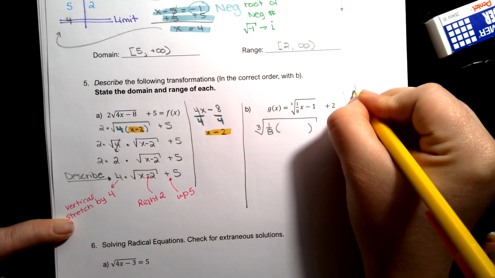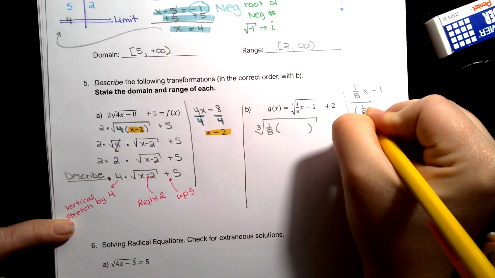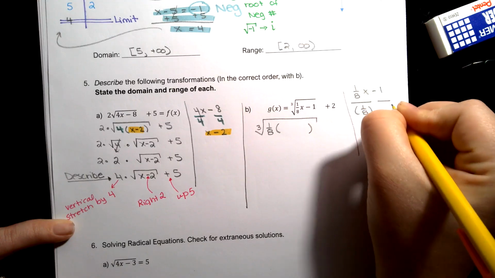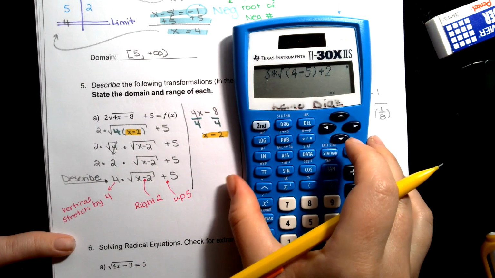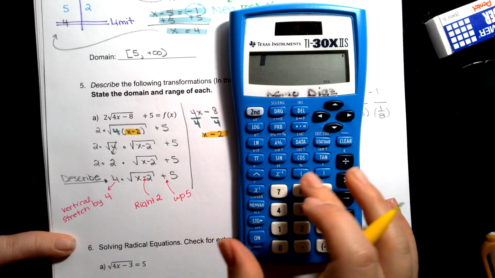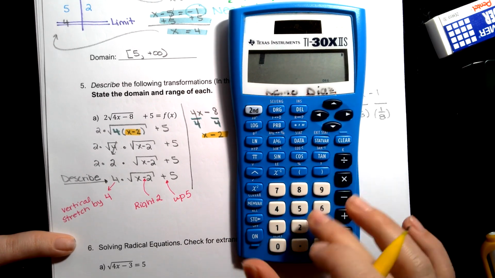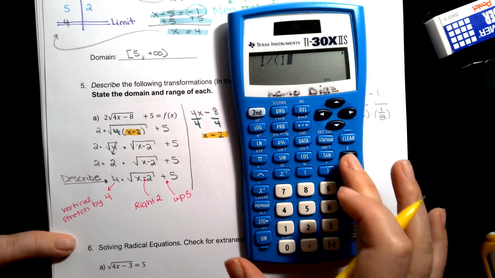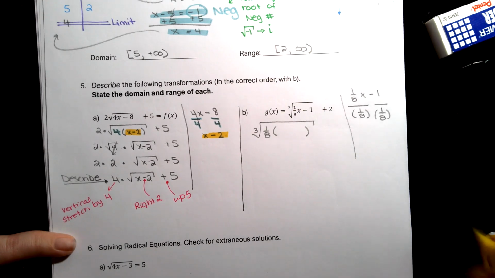Again, we are still dividing by 1/8, but if you're using a calculator, please make sure to put parentheses around your 1/8, otherwise it won't work. So for example, 1/8 divided by 1/8 is just going to give us 1. But if we have 1 divided by 1/8, that gives us 8. So be careful on that.